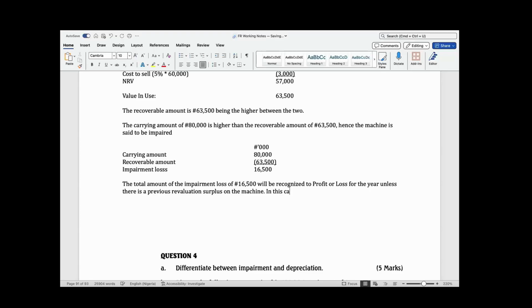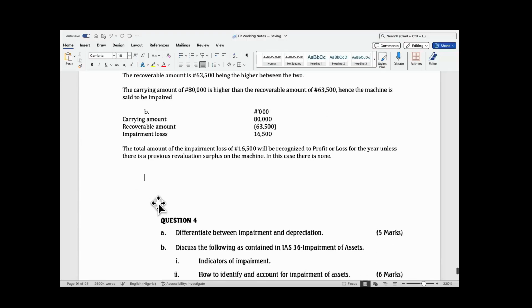In this case, there is none. So it's totally recognized to P or L.